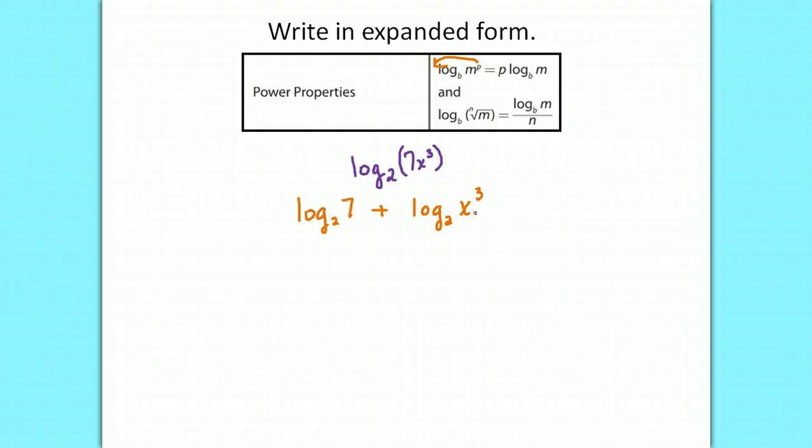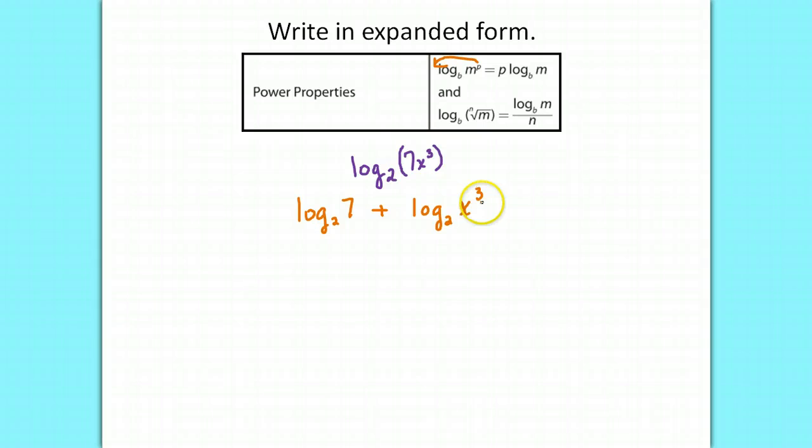And if I look at the first logarithm, I'm pretty much done there. I just have 7. And 7 is a prime number, so I can't even write those as, you know, 2 times 6 or something like that. If it was 12, you could even do that if you wanted to, but you just have a number here, and it's prime, so that's as far as you can go.